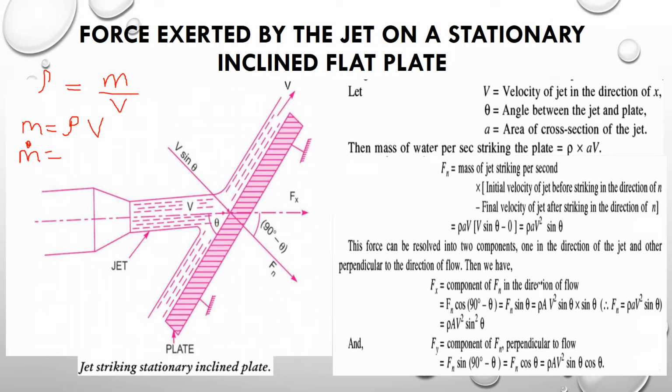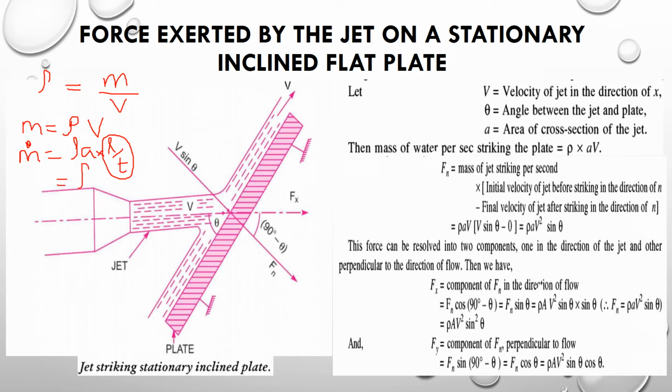Which means density into volume. I can write volume as area into another dimension, let it be length L. So a into L will give you the volume. So we are writing m dot, that is mass per time, as rho into a into L by t. What is this L by t, or any dimension per time? It is nothing but the velocity.